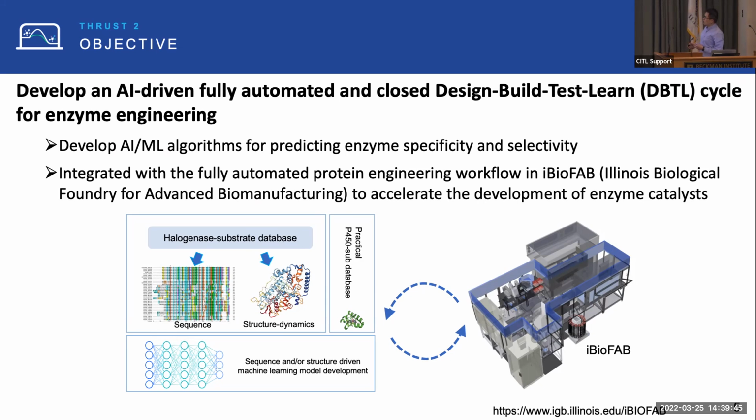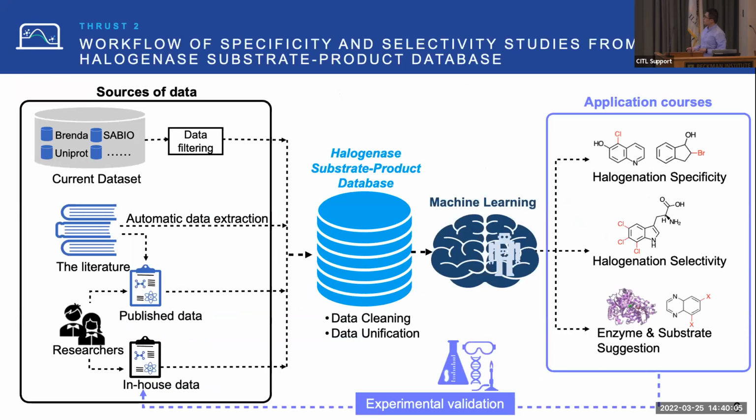After we set up the pipeline, we want to integrate machine learning combined with automation. So here is the iBL5. And then we can accelerate the development of enzyme engineering, also for the biocatalysis part.